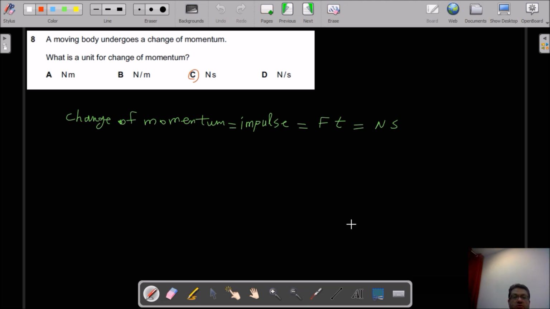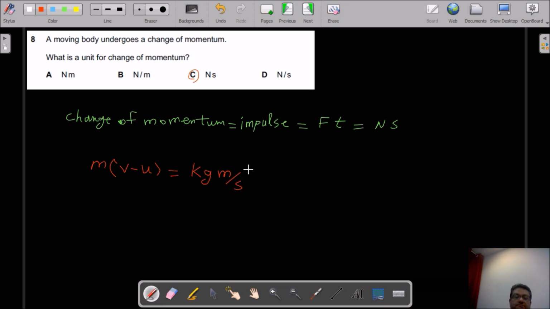Question 8. A moving body undergoes a change of momentum. What is the unit for change of momentum? We know that change of momentum is m times (v minus u), or m times delta v, and the unit of momentum will be kg meter per second.